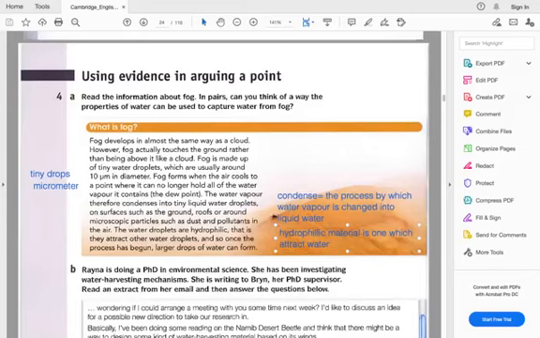That is, they attract other water droplets, all right? Water attracts water, right? And so once the process has begun, larger droplets of water can form because the tiny droplets of water attract each other. They are hydrophilic, all right? So this is how fog is formed.